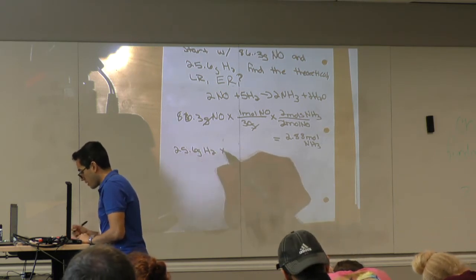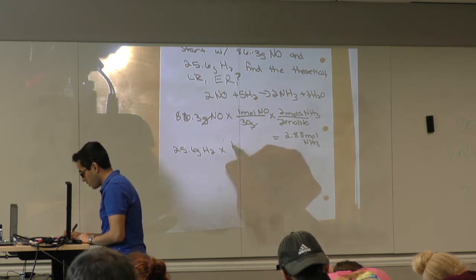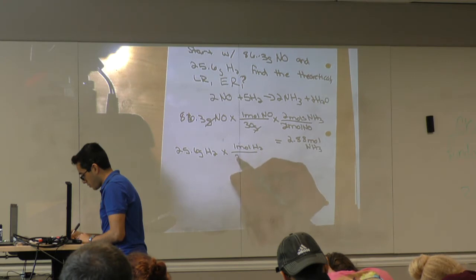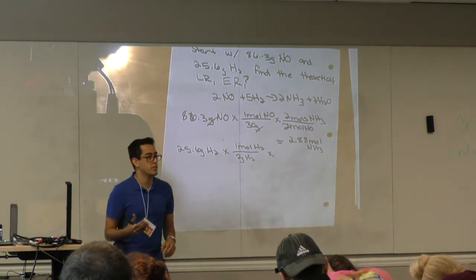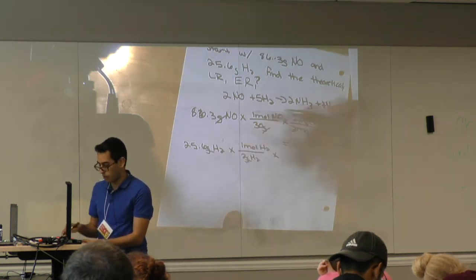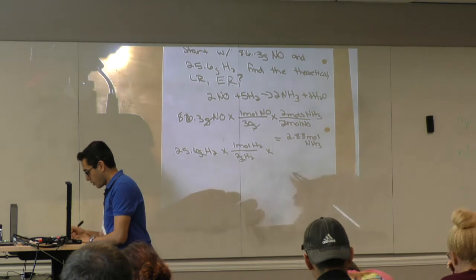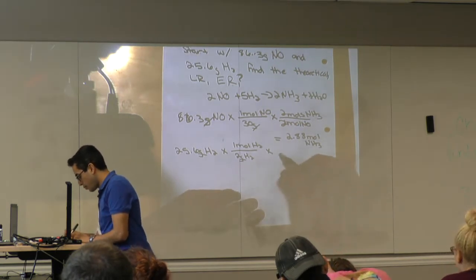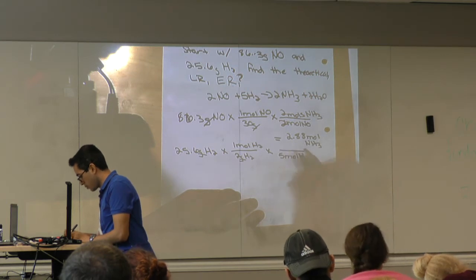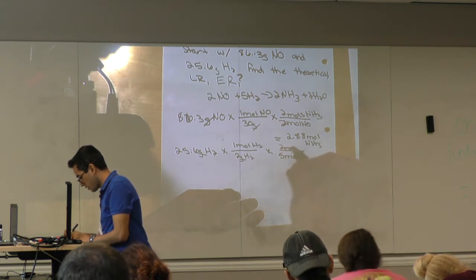We're going to convert that into moles just like we did before, over the 2 grams of H2. Then, once we have the unit conversion in moles, we cancel out and go into moles of the product, which would be 5 moles of H2 to 2 moles of NH3.